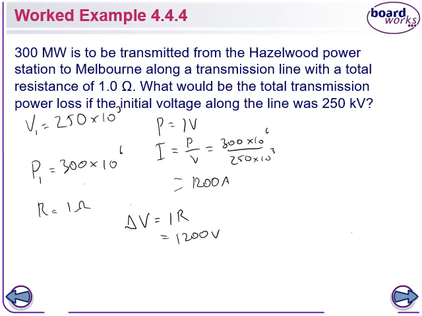And so, once we get to the other side, we've lost 1200 volts. And so our power loss is our change in voltage multiplied by our current. So our change in power will be 1200 multiplied by 1200.